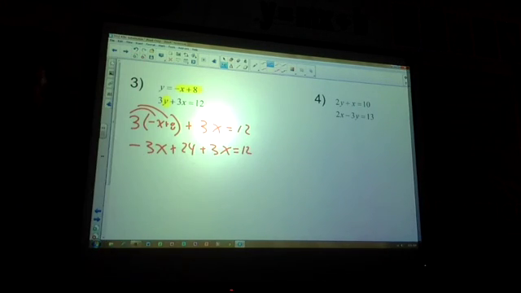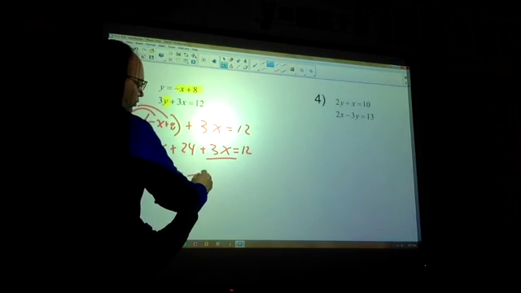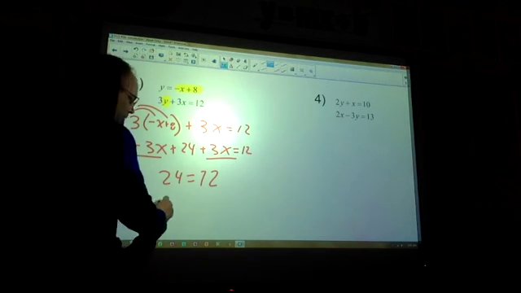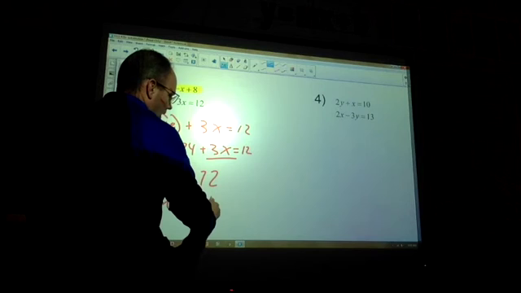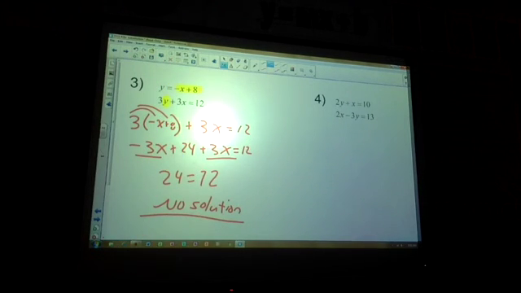What do you notice? The x is canceled. This and this, they're gone. So I wind up with 24 equals 12. I did not figure out the great mystery in life that anytime you have a 24, you can plug 12 in. No, this is nonsense. This doesn't happen. This means there's no solution. What kind of lines would these be? They would be parallel lines. They wouldn't intersect.